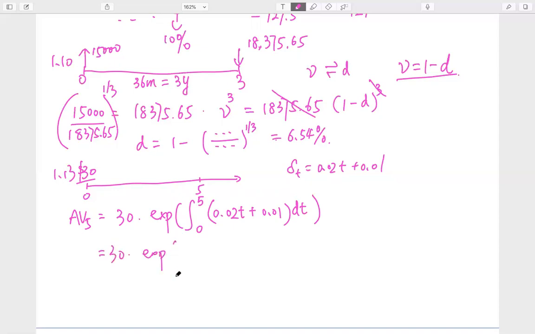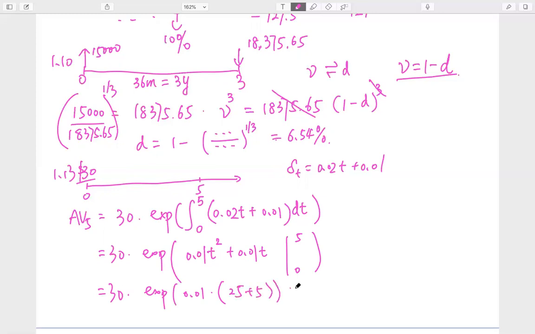So again, this is a power function, so it becomes 0.01 t squared plus 0.01 t from 0 to 5. Obviously, 0.01 can be factored out, right? 0 you don't need to consider because plugging in is just 0, so it's 5 squared, which is 25, plus 5 is 30, so it's 0.3.